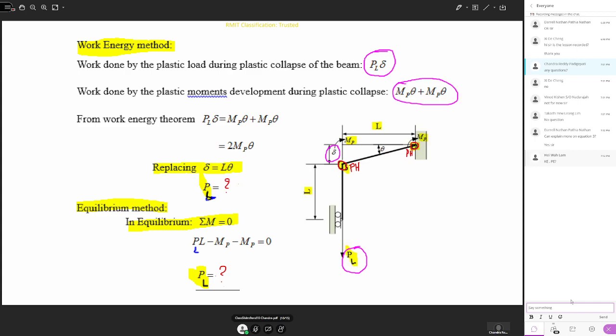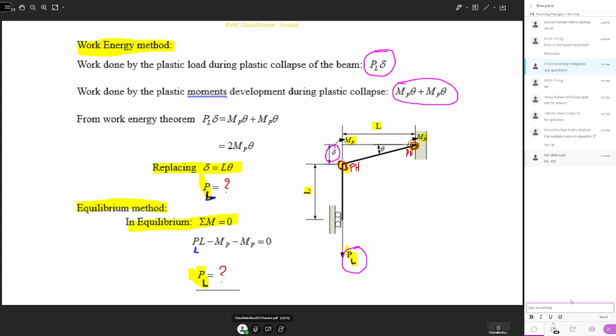So what is the energy here? The rotational energy due to the plastic moment. There are two plastic moments developed at A and B, so both will have the angular displacement theta. You know that the energy due to a moment is the moment multiplied by the angular displacement.